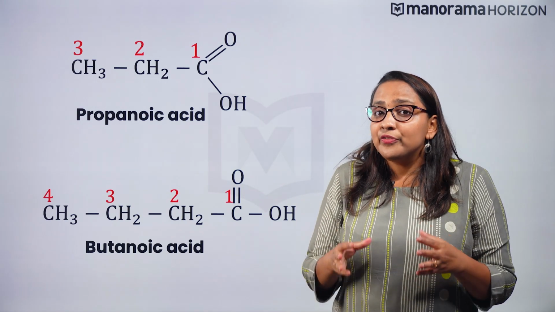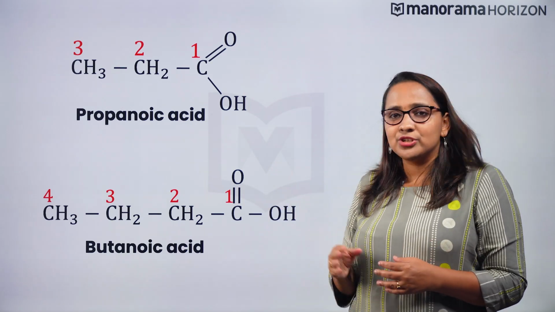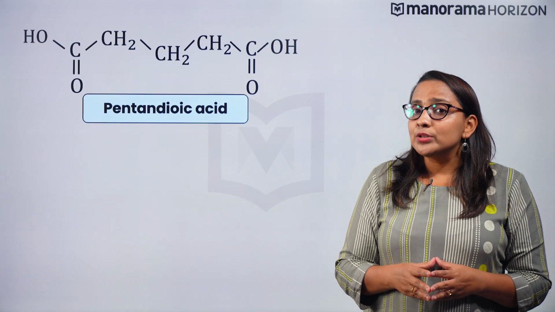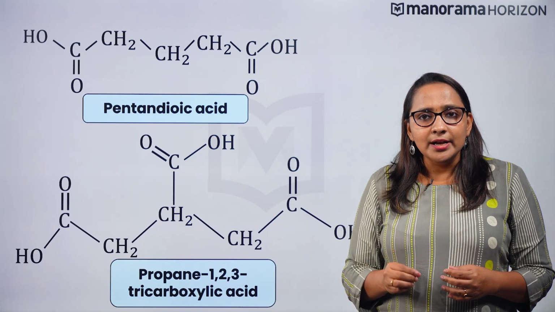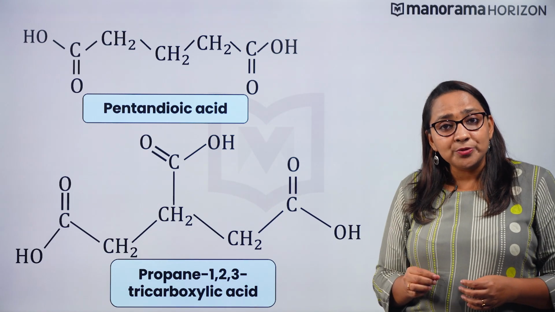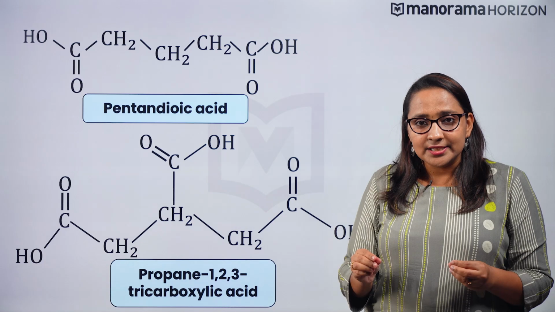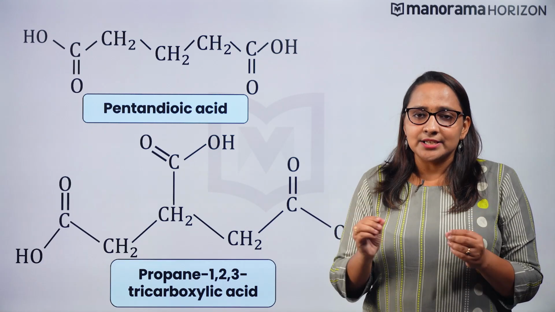Therefore, the name of the first structure is propanoic acid and the second structure is butanoic acid. For naming compounds containing more than one carboxyl group, the alkyl chain is numbered and the number of carboxyl groups are indicated by adding the multiplicative prefix dicarboxylic acid, tricarboxylic acid, etc.